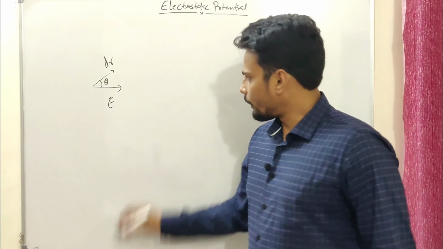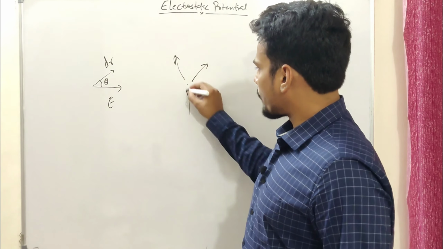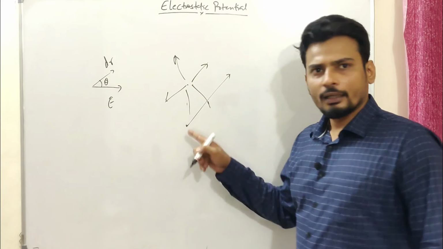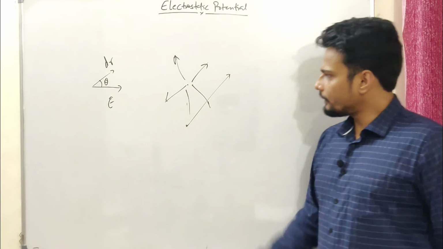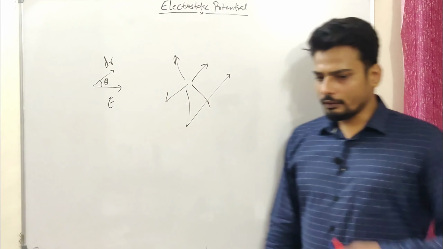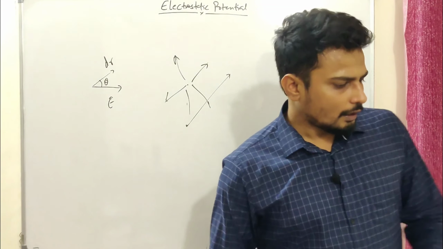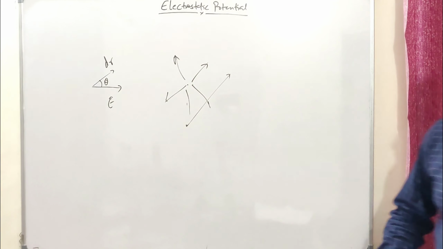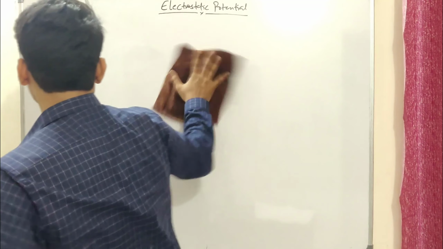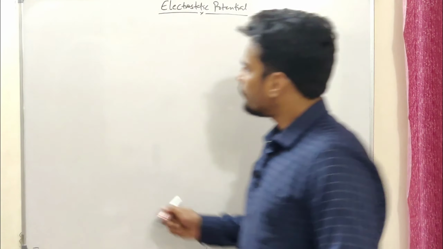If you have a point charge, it will have the electric field outward in all directions. If a point charge moves from one point to another in, let's suppose, the xy coordinate, the dr and E will not be in the same direction, right? So we find the component of the field along the displacement direction and the displacement component, and then take the dot product of that. Quite easy.